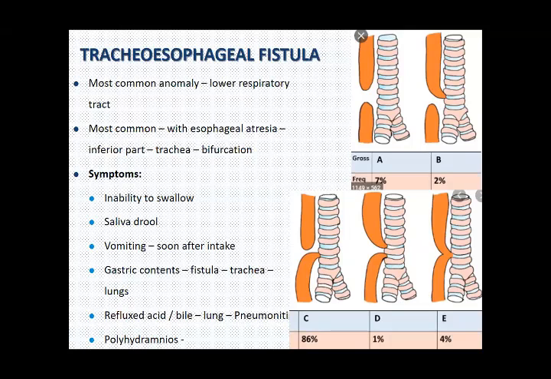अब क्या हुआ? अब ये हुआ कि this lower end of the esophagus, from the stomach into the lower end of the esophagus, this lower end is now opening into the trachea. So ये सारी secretions जो हैं ये trachea में चली जाती हैं और trachea से फिर it goes down into the lungs. अब duodenum से bile भी आ रहा है, ठीक है.